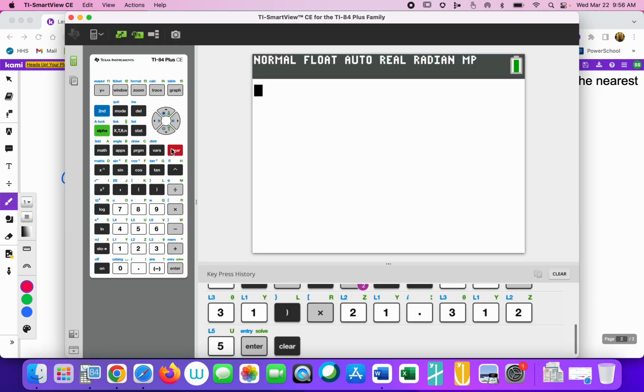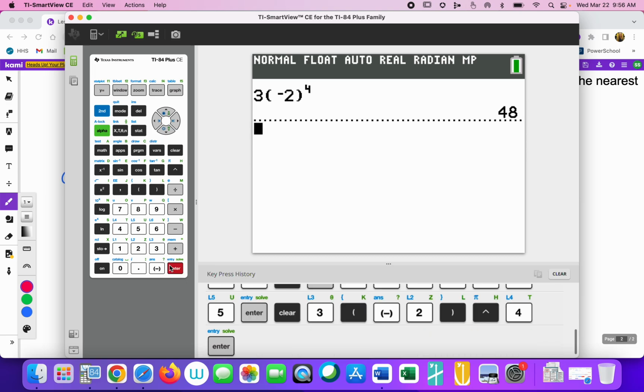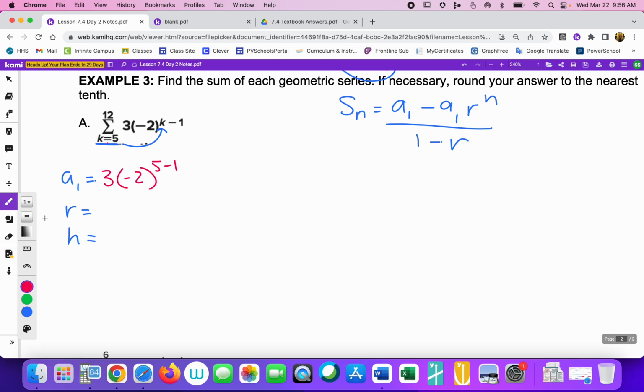So within our calculator, again, 3 times -2 to the 4th power. So 48 is your A1 term. So if you want to make a note to yourself, to find A1, you plug the bottom number into the exponent and simplify. Okay.